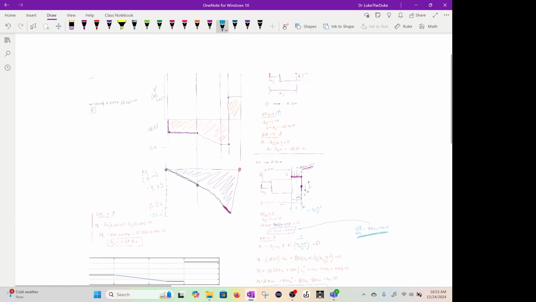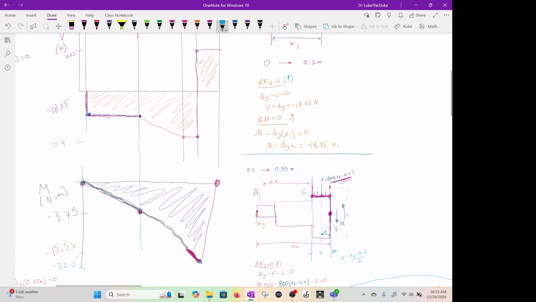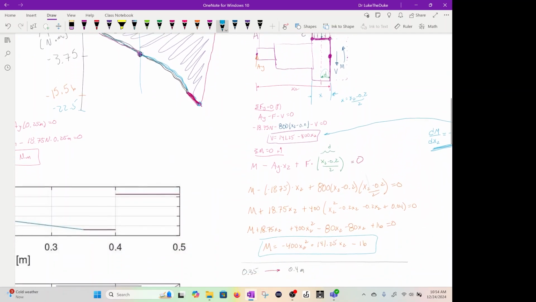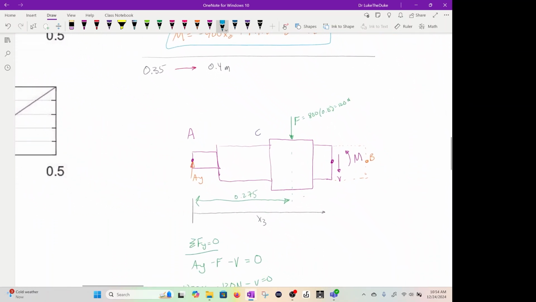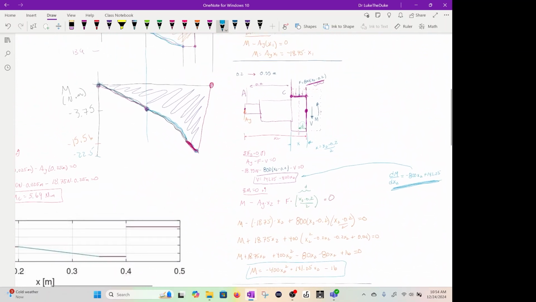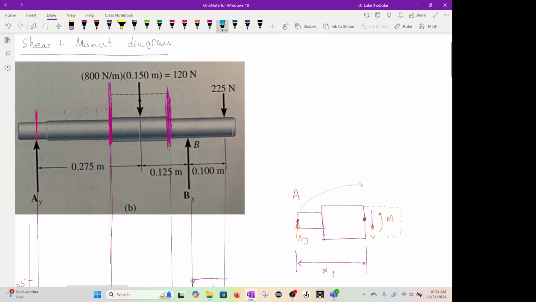So if we go back to this was my hand sketch as I was doing it. This curve, this is a curve to the second order, right? And then here, though, is linear, okay? All right, let's keep going. So the next section we need to look at is, if you notice up here, we have a force by here, okay?